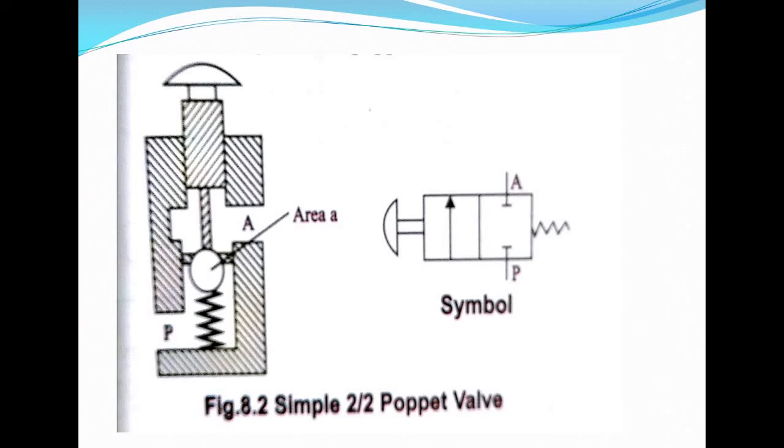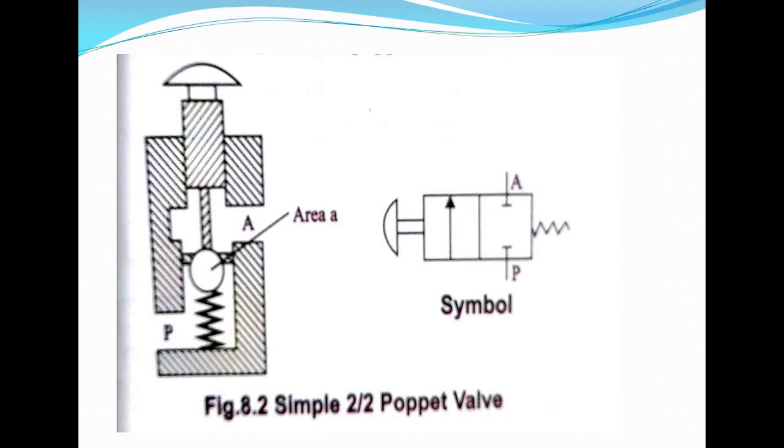So this is the simple 2x2 poppet valve. Here 2x2 means two position and two port. You can see here one position, second position, and these are the two ports P and A. That's why it is called a 2x2 poppet valve.